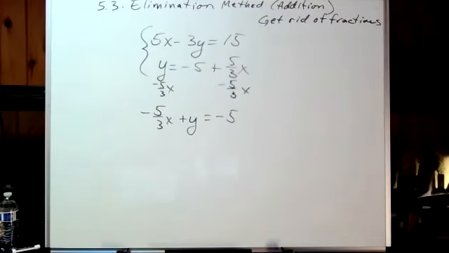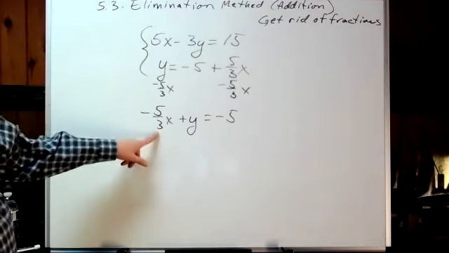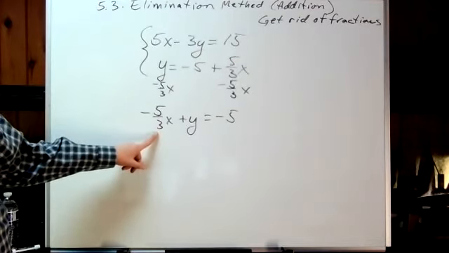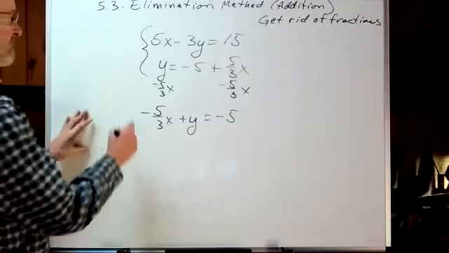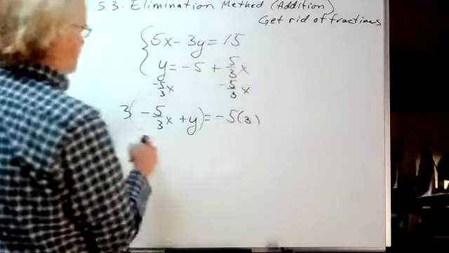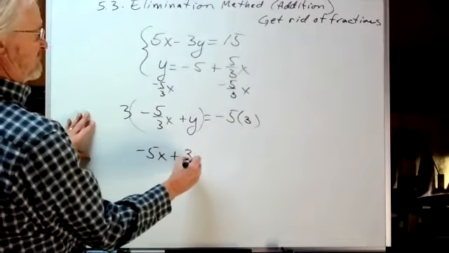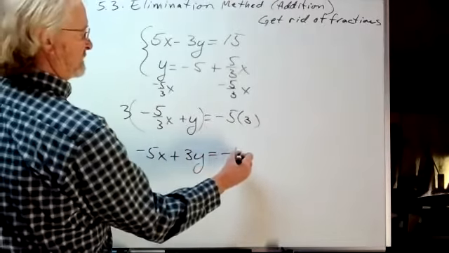Still just working with that second equation. And now, like the last one, I'm going to multiply everything by a 3 and get rid of the fractions. So here it cancels off. Negative 5x plus 3y equals negative 15.